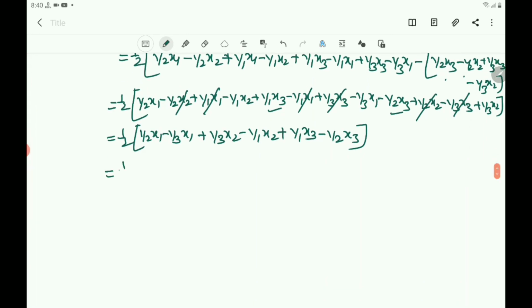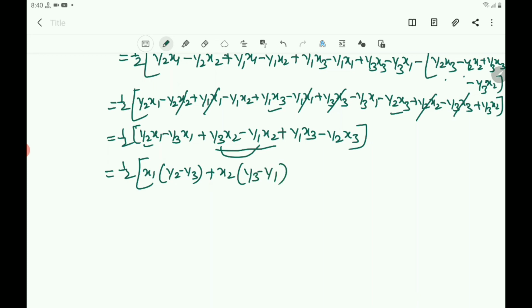Then you write half into, removing the common factors: x1 into (y2 minus y3), plus x2 into (y3 minus y1), plus x3 into (y1 minus y2).